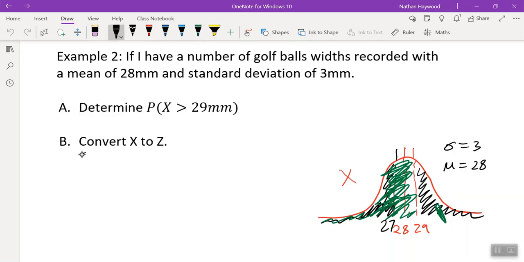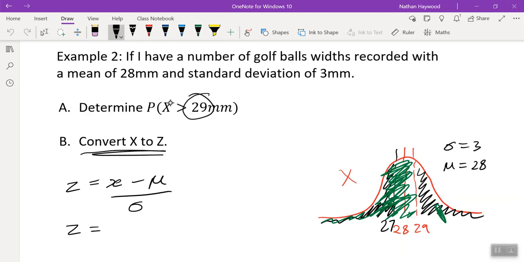All right, next one. It says convert X to Z. So what do we do? Yep, use this equation: Z equals X minus mu over standard deviation. So what's the X score? 29.